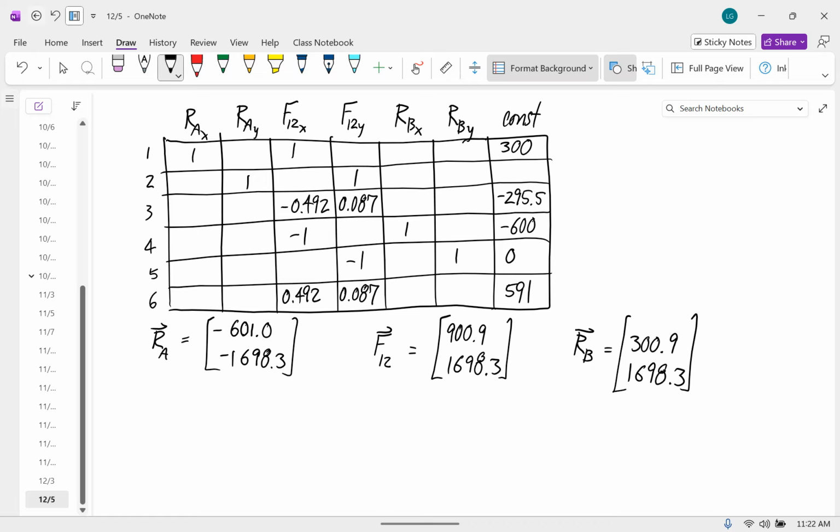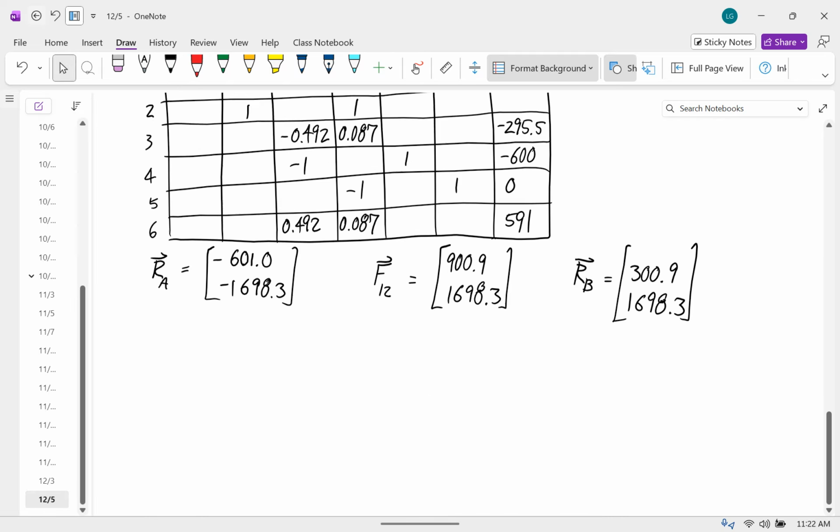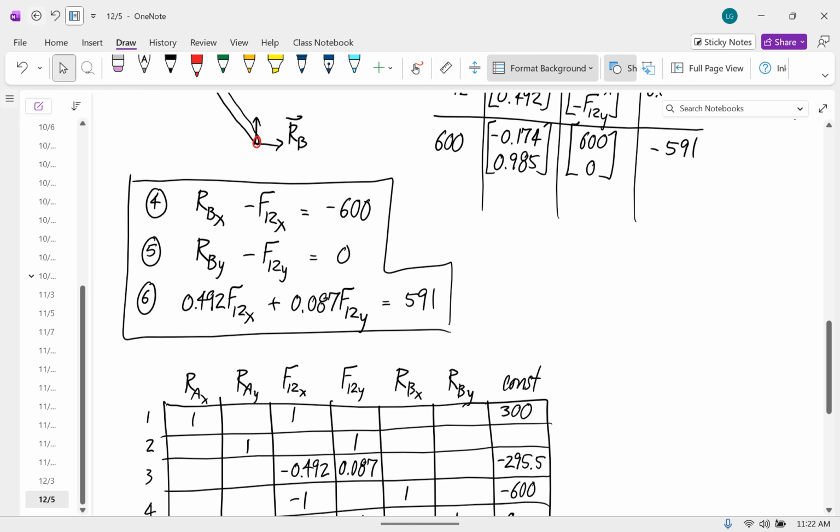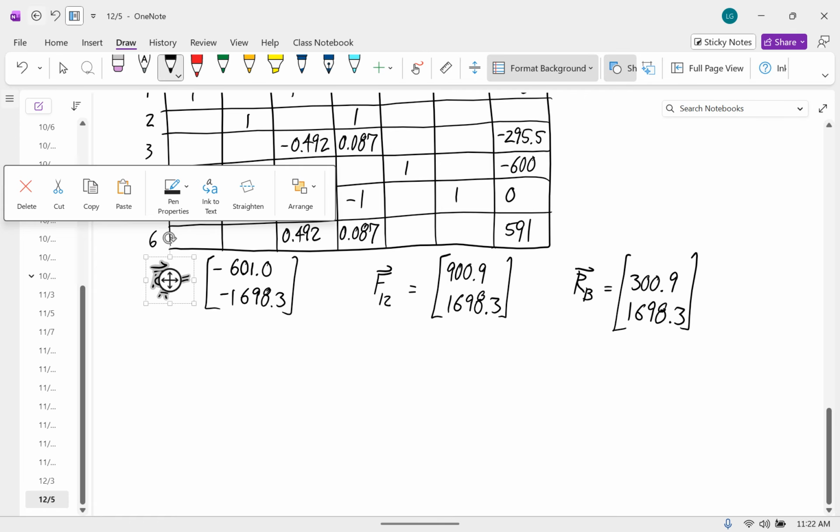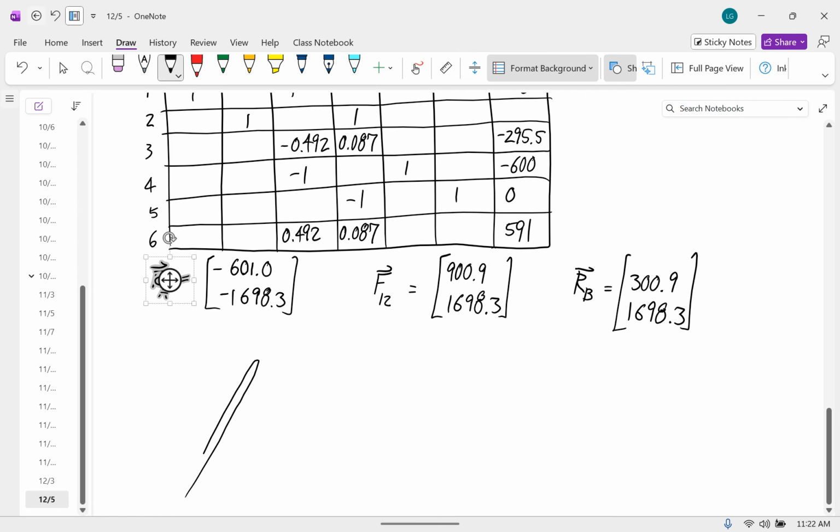Okay, so now we're going to represent these as external loads on free body diagrams because we're trying to get to calculating the internal loads. So for body 1, we have a force vector down here of negative 601, negative 1698.3.